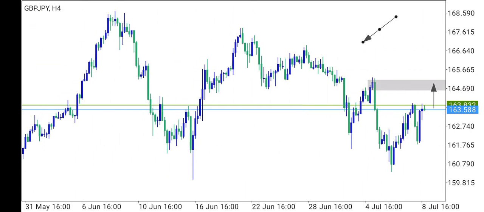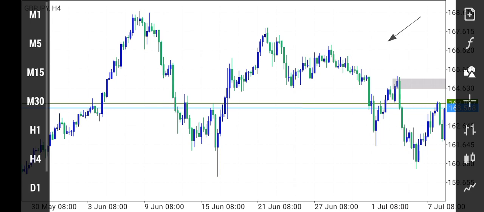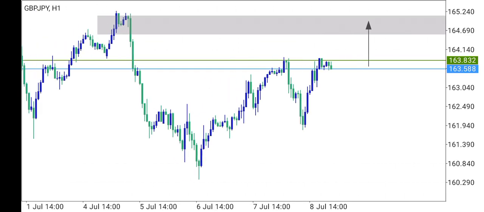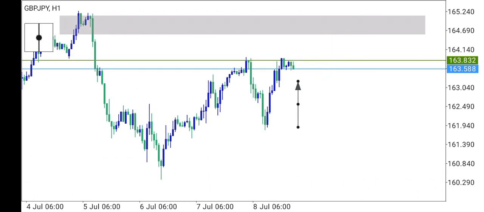Let me give you another example of a double bottom and double top. As you can see, here is an M pattern.